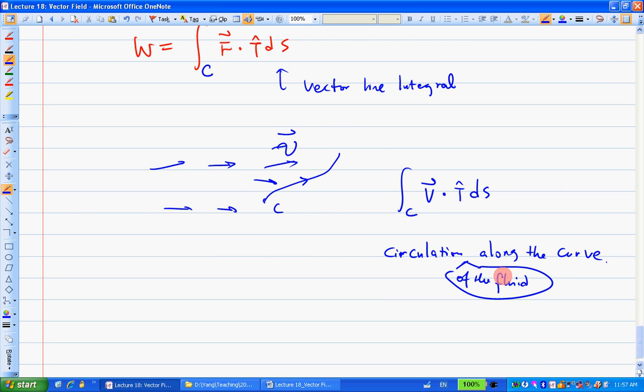The unit for velocity is meter per second, and t hat ds is a differential line segment. So overall the unit here is actually L squared over time. Time can be seconds or hours. So this is more fluid dynamics here.